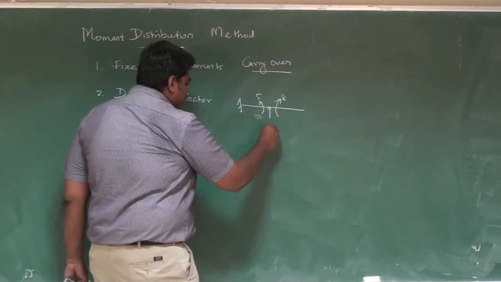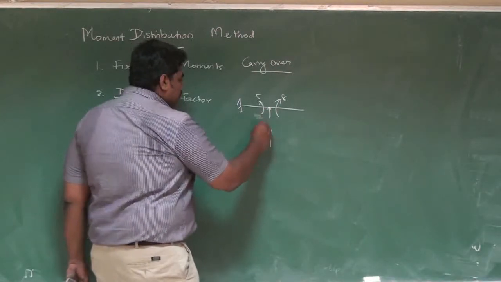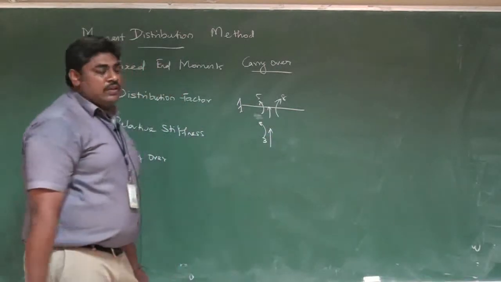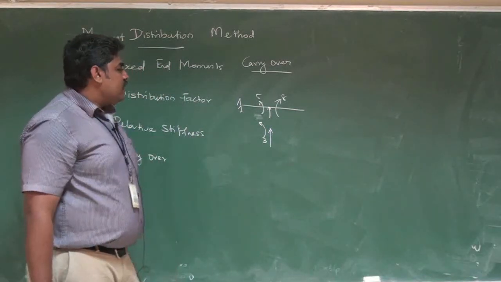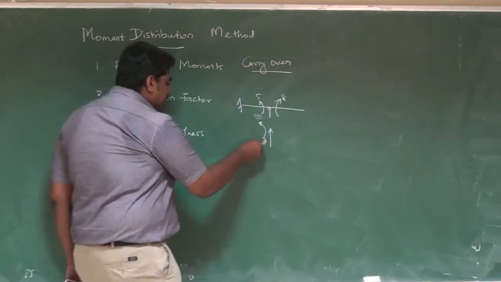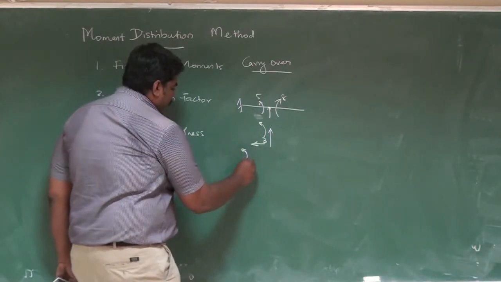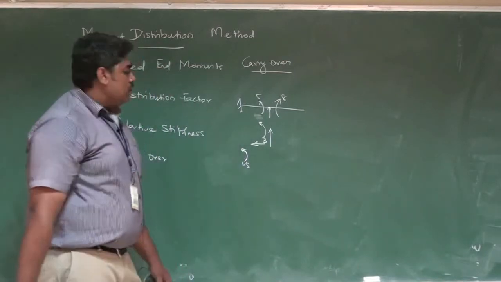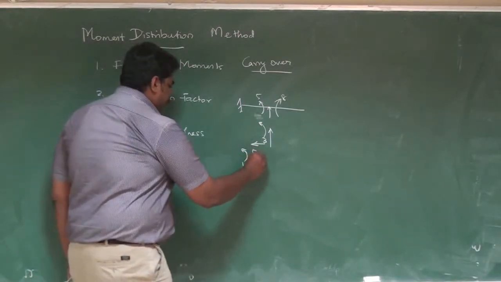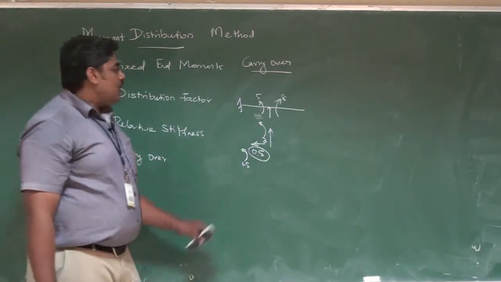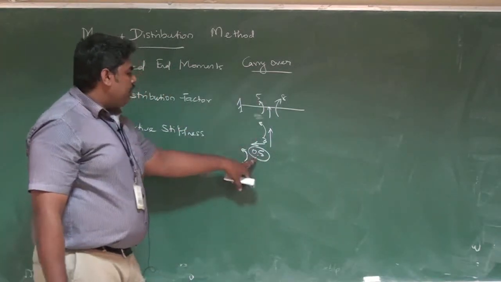What I want to say is, if I want to neutralize this, I am going to add -3 here, right? I simply can't add this -3 here. Half of this -3 will be carried over to the other side as 1.5, right? So this value is 0.5. This is called the carryover value, 0.5.